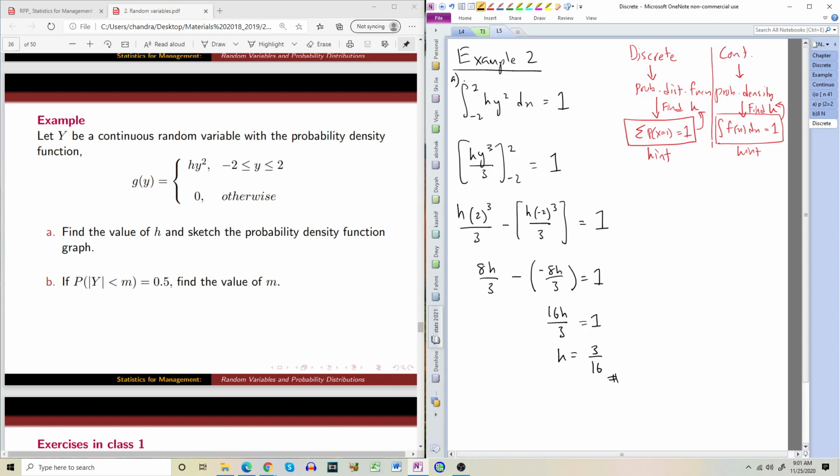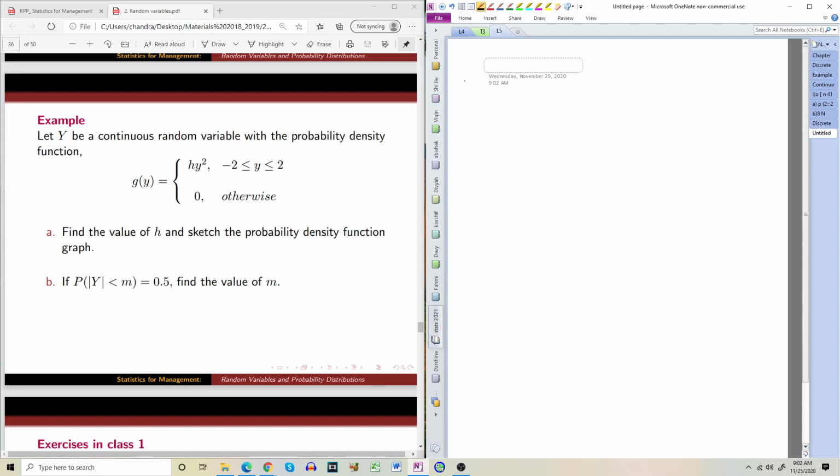Let us move on to B. In B, they have given you 0.5.